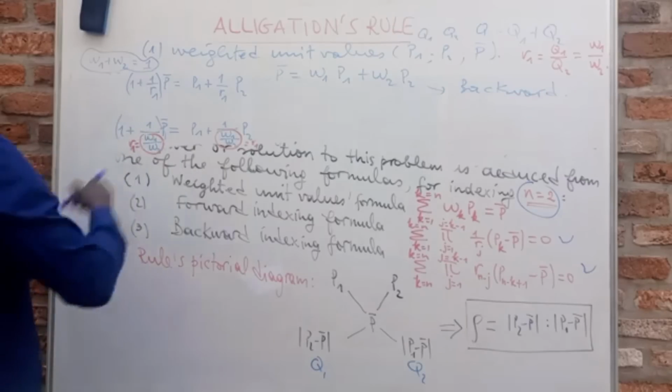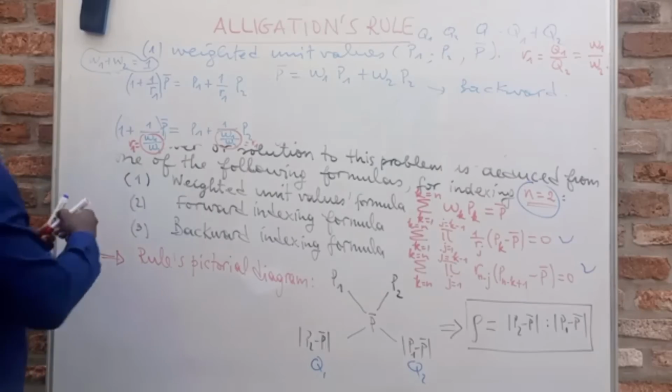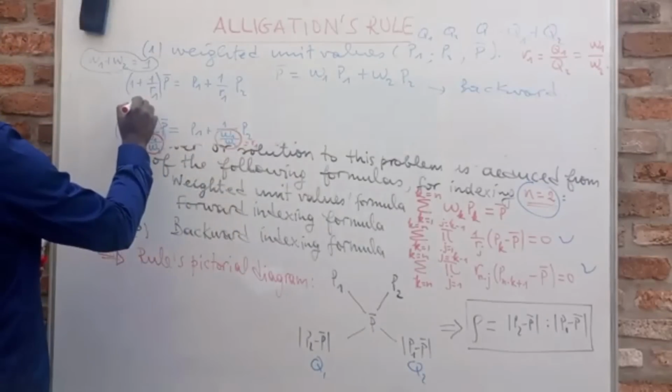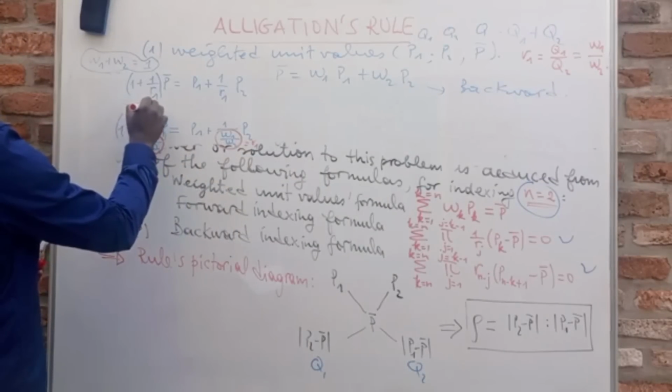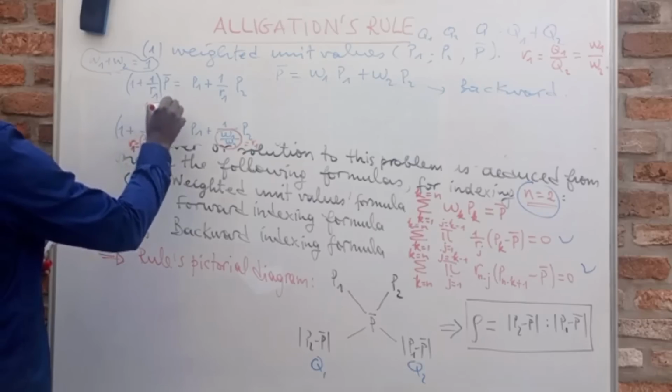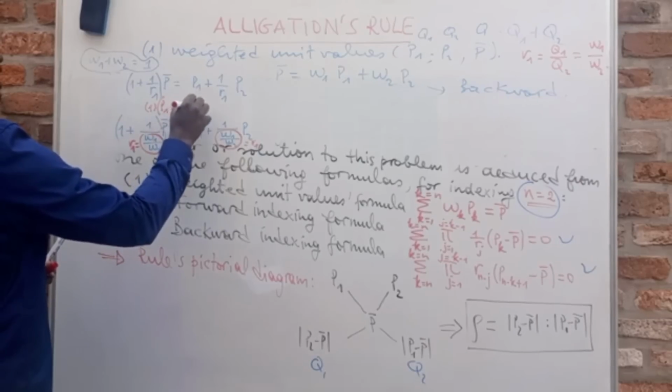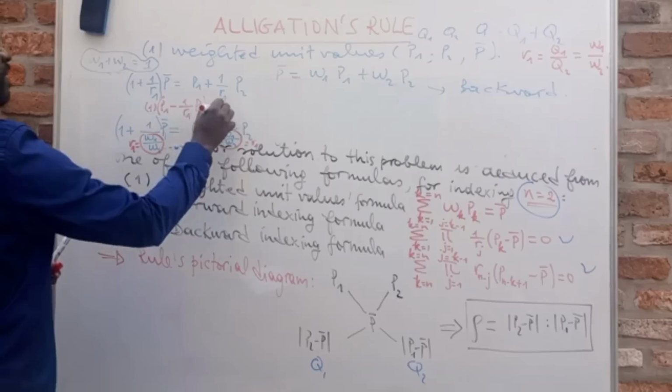Very good. So now here this equation can be transformed into this one, where we have 1 times P1 minus 1 over R sub 1 P2 equal to 0.